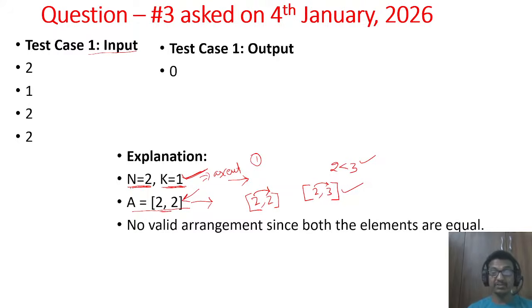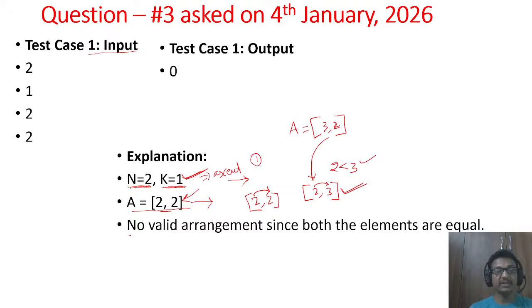So this is called a valid arrangement of a sequence. Assume that the given input is something like 3 comma 2. Then this is one valid arrangement. Got it? But in our case it is 2 and 2.